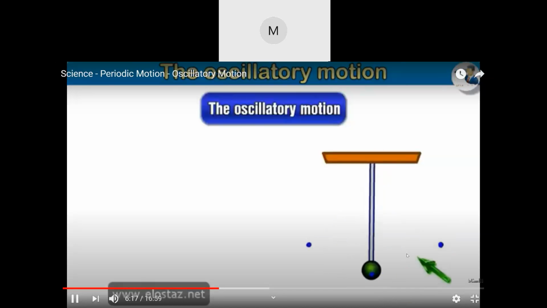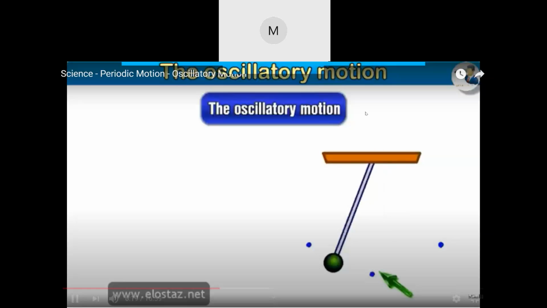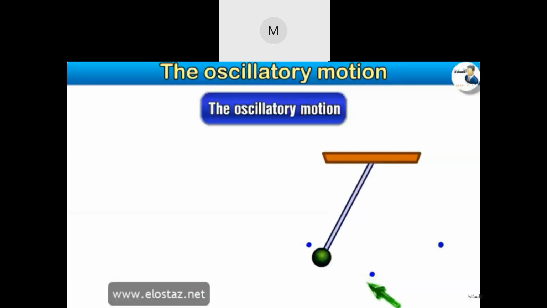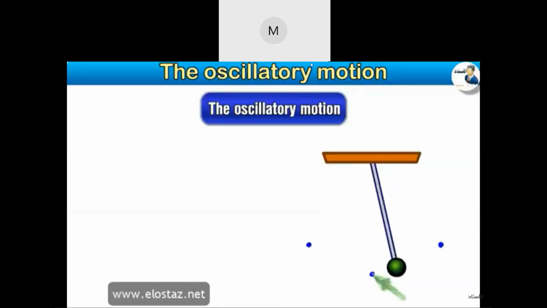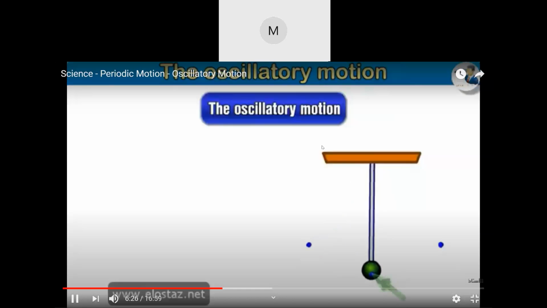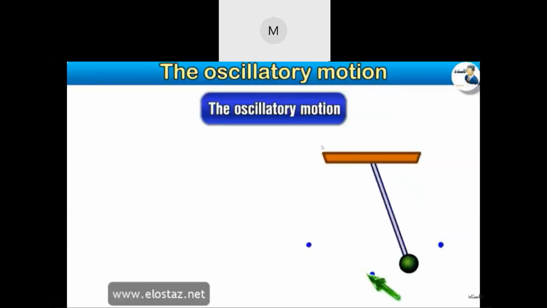But what is the reason behind the decrease of the pendulum's velocity as it moves away from its rest position, while it becomes maximal when it passes its rest position? We know that the gravitational force controls the motion of objects that are near the Earth's surface.